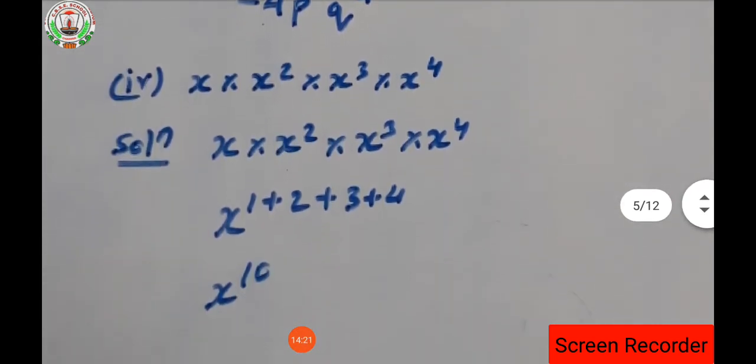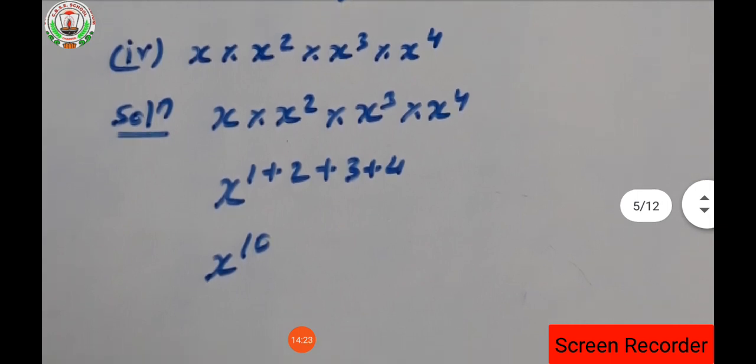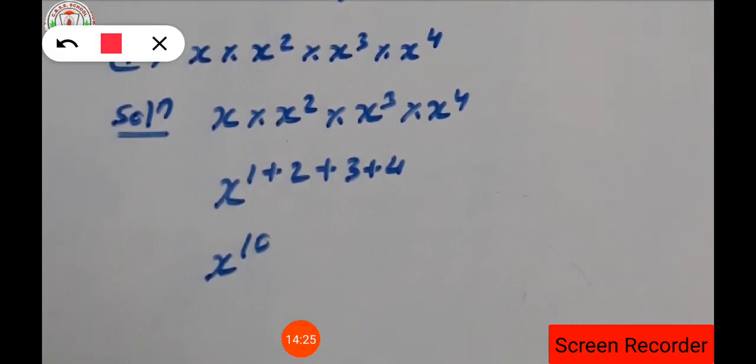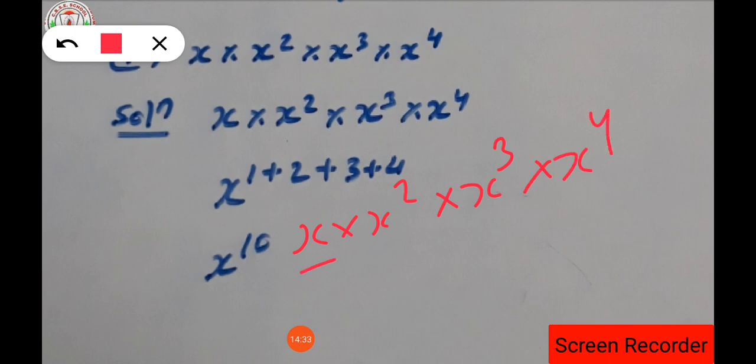Then the next one is the fourth part. Here again it is asked to do the multiplication. So x into x to the power 2 into x to the power 3 into x to the power 4. Isn't it? Everywhere x is there. Altogether, the law of exponent we are going to apply is a to the power m into a to the power n is equal to a to the power m plus n.